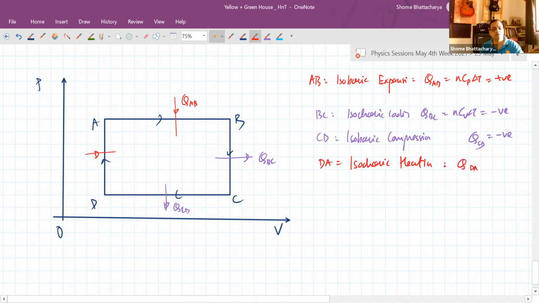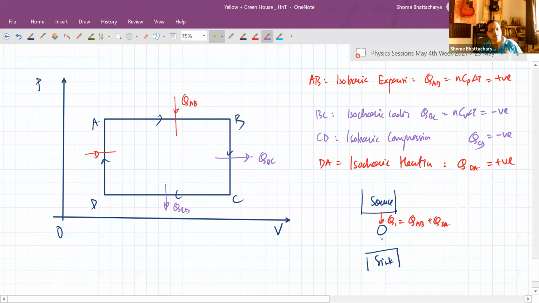So QDA will be positive. Overall, thinking in terms of the schematic of our engine, what is the net heat which is coming in from the source? This is equal to QAB plus QDA.